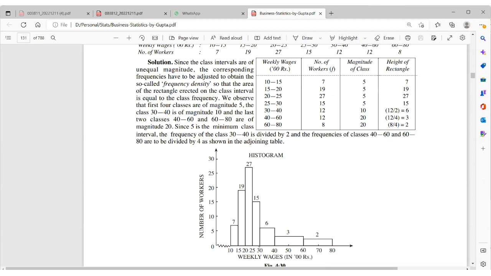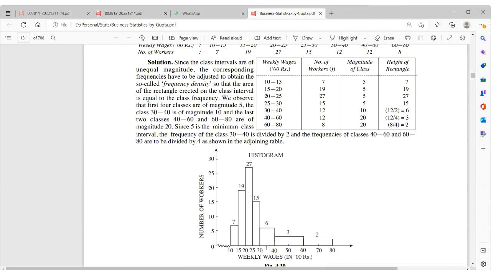We take 30 to 40 directly, and we make 30 to 40 with an interval frequency of 6, right? This means 30 to 35 is 6, 35 to 40 is also 6, and it becomes 12. Got it?